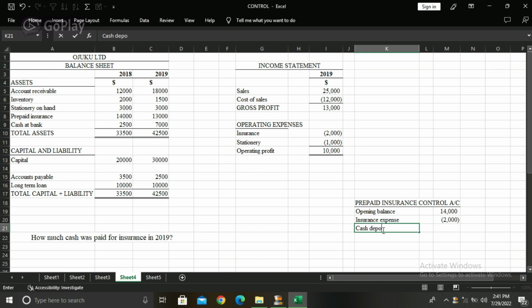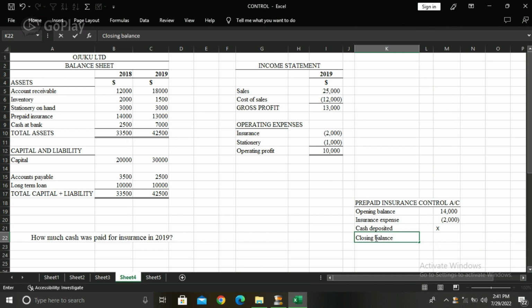If we deposited money with the insurance company, it will be added to our previous insurance balance. So this one will be positive X. We just add the X, which is the cash that we deposited. After knowing how much we deposited, that will sum up with the above figures and give us the closing balance for prepaid insurance.